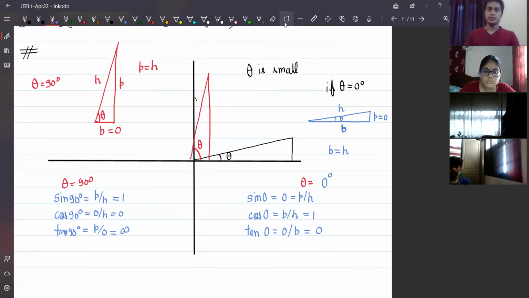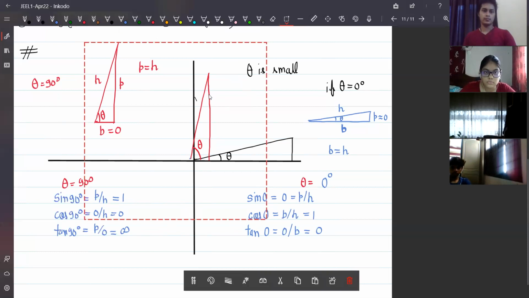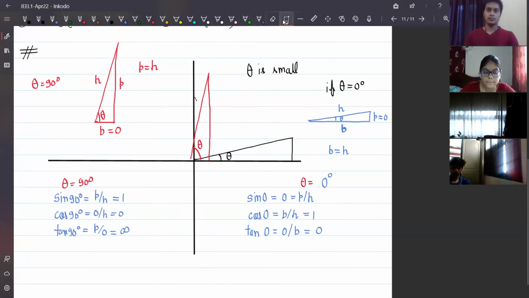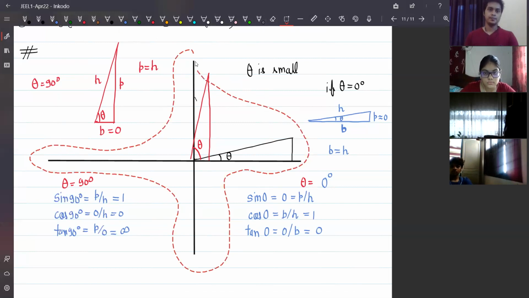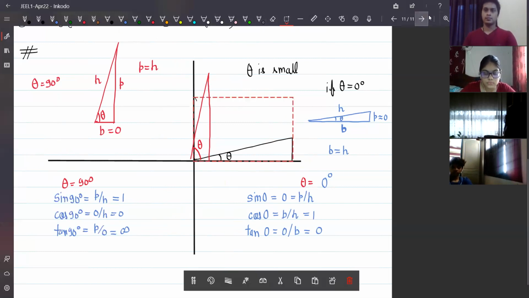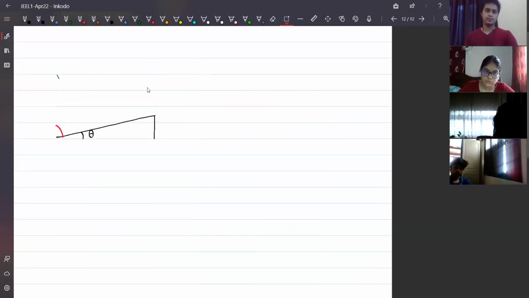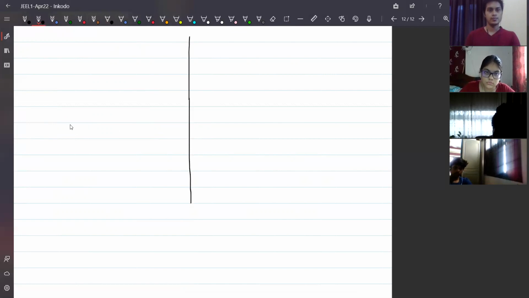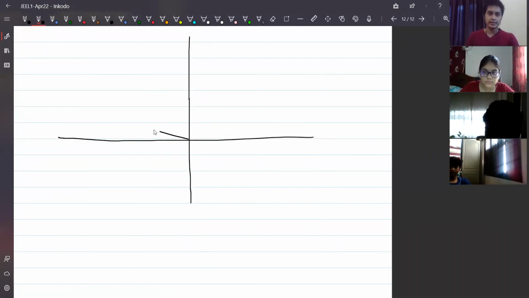Suppose I want to find values for cos phi. So my triangle will be like this.